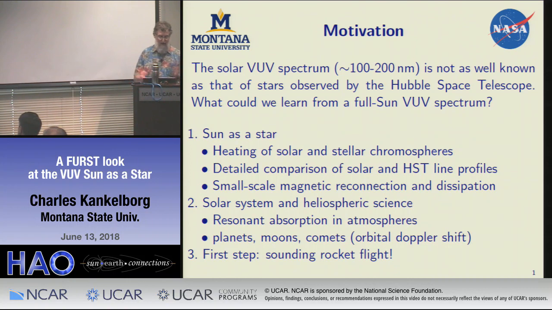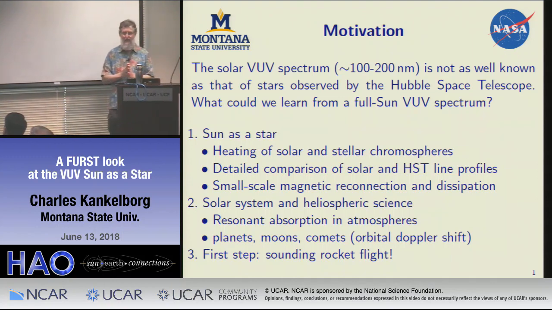There are several answers. One concerns the sun as a star. So the sun and other stars have chromospheres that are heated somehow or other. And we don't really understand that very well. It may be that by putting the sun in the context of other stars that have chromospheric heating and transition region and coronal heating to different degrees, we might actually learn something by comparing the spectra.